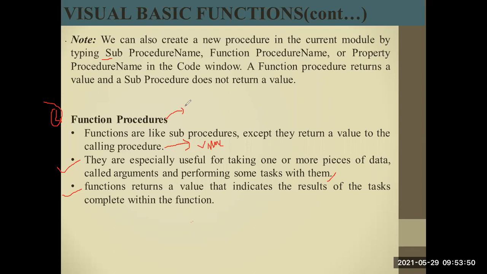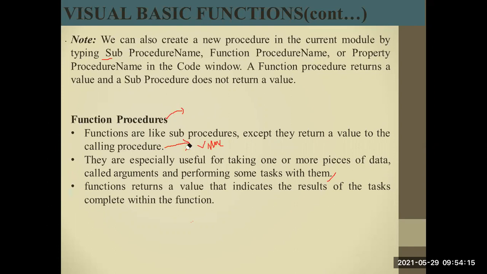You have to remember that both are very similar to each other, but the only difference is in terms of their return value. The function procedure can return some values, but a sub procedure will not return any values.